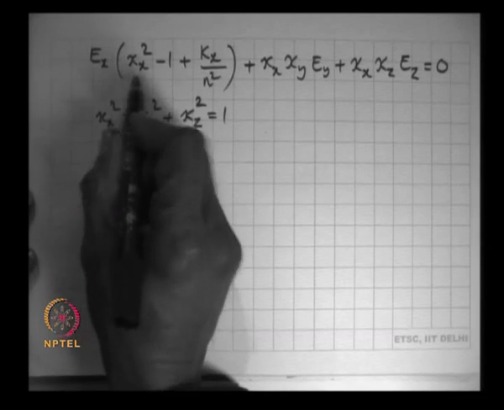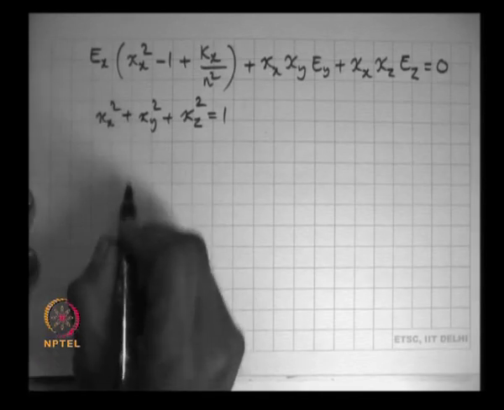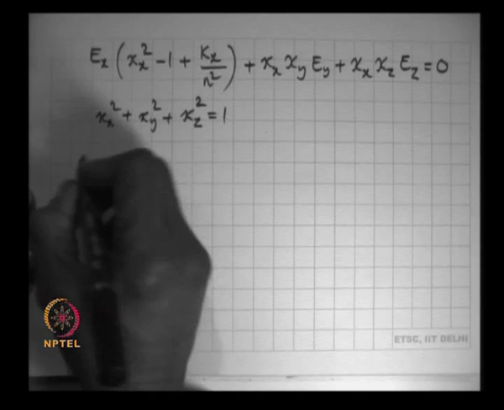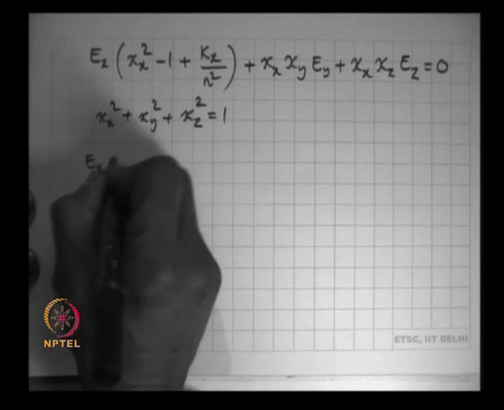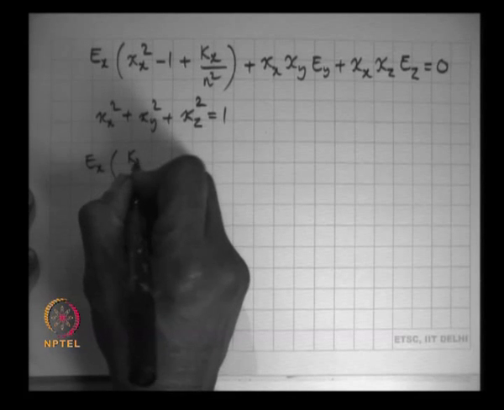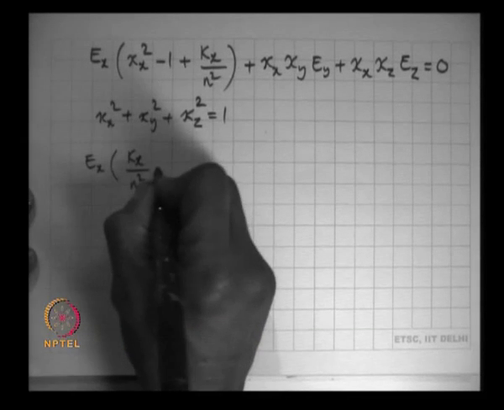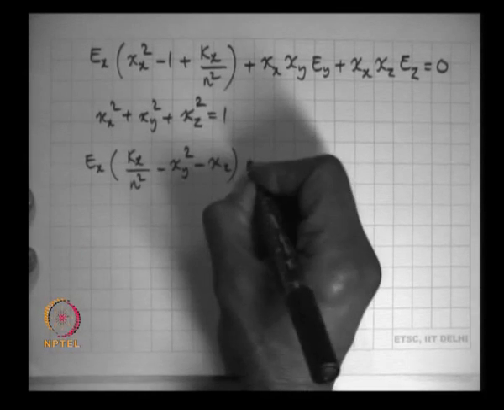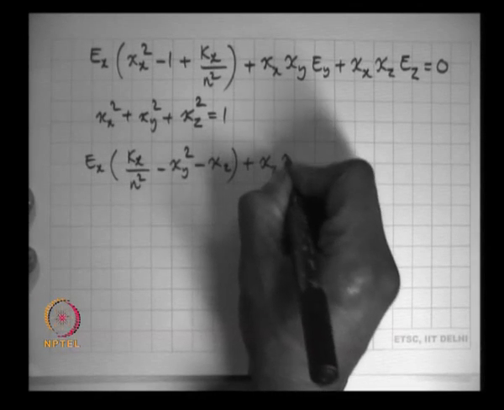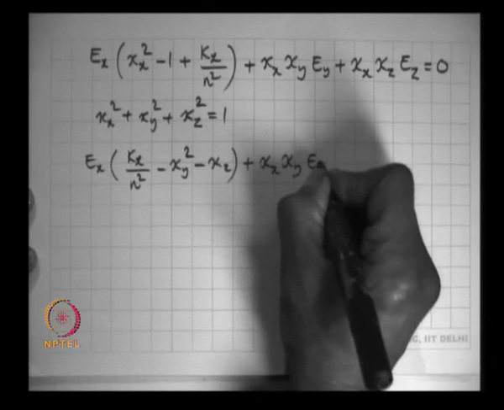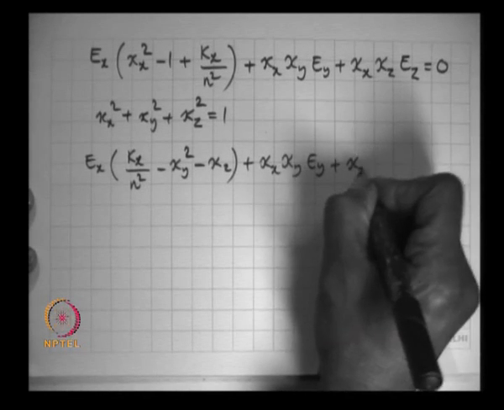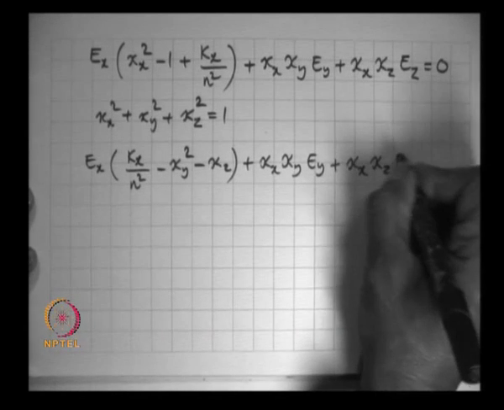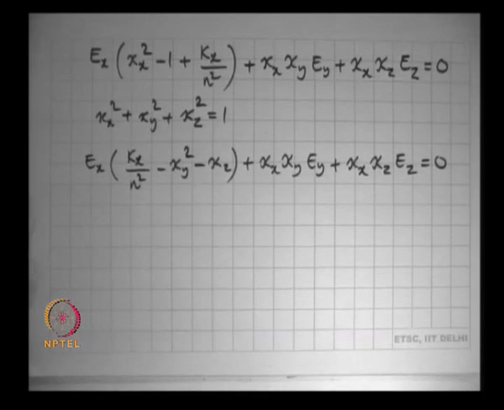So, kappa x square minus 1 is essentially minus kappa y square minus kappa z square. So, this equation can be written as Ex into kx by n square minus kappa y square minus kappa z square plus kappa x kappa y Ey plus kappa x kappa z Ez is equal to 0. So, that is x component of that vector equation.